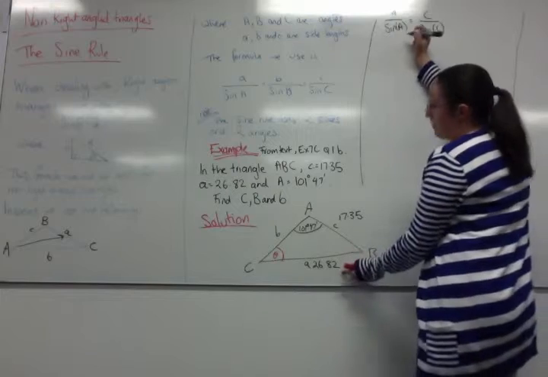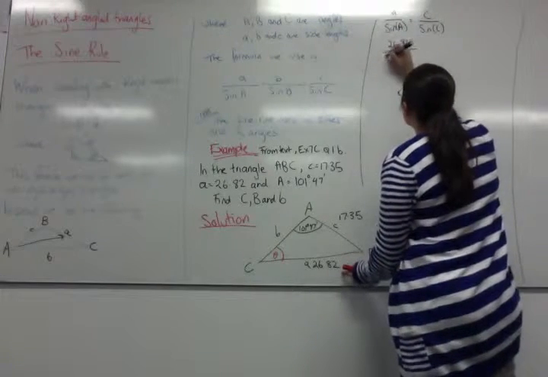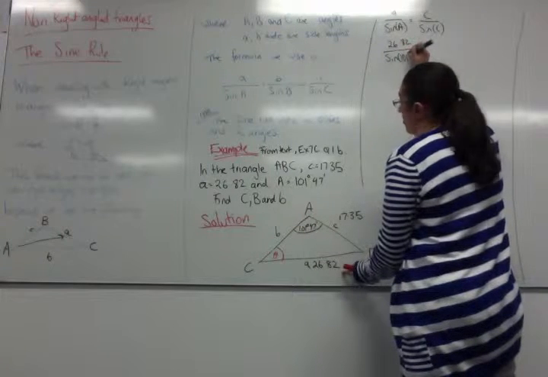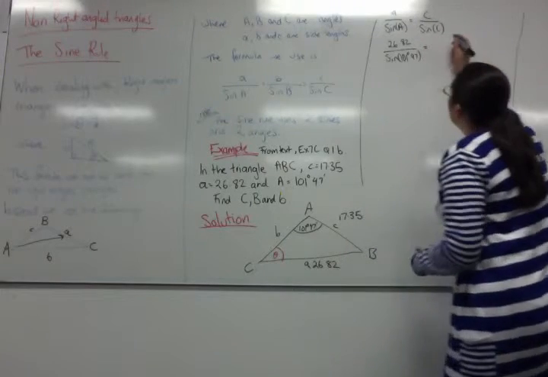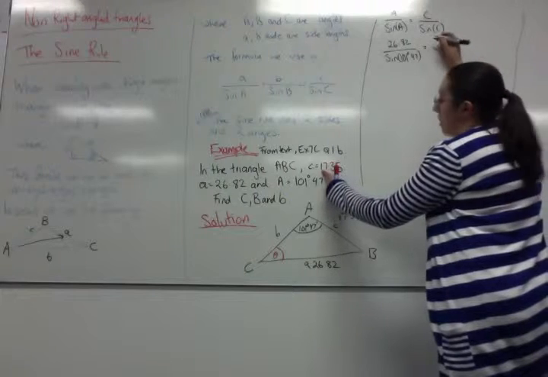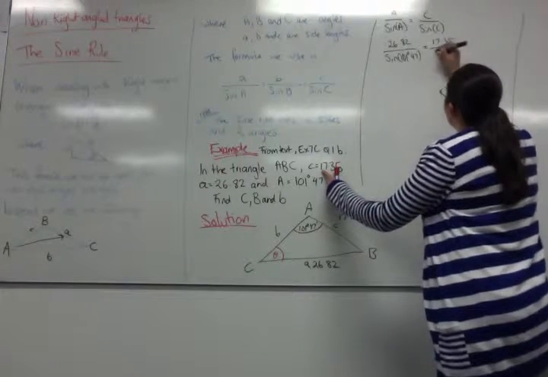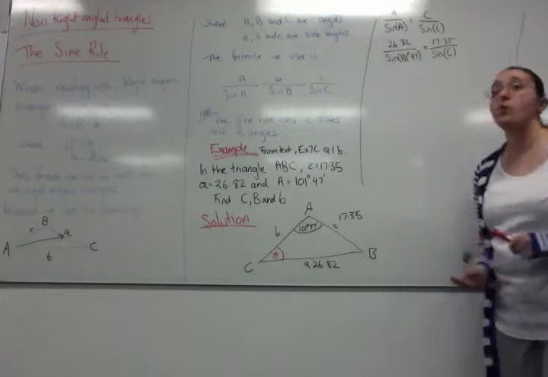A is 26.82 over the sine of 101 degrees 47 minutes is equal to C, which is side C, so it's 17.35 divided by the sine of C, which is the side that we don't know, that we want to find.